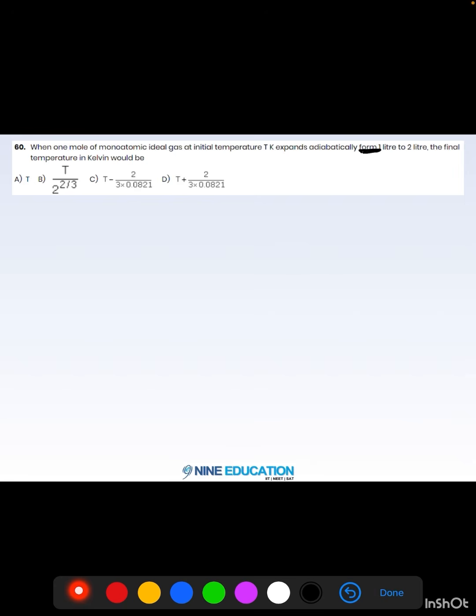We need to read the statement carefully. 1 mole is given, cool. Monoatomic gas is there, and initial temperature, let us say T1, which is given as T Kelvin, expands adiabatically from 1 liter to 2 liter. So V1 value is 1 liter and V2 value is 2 liter here.